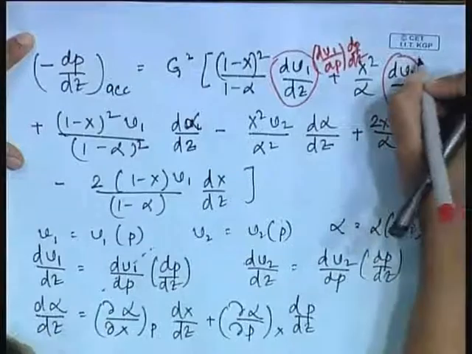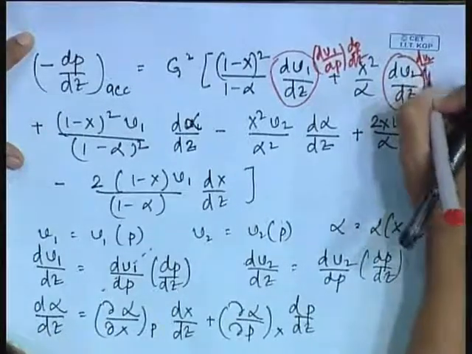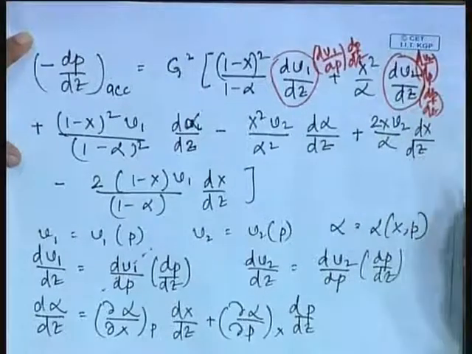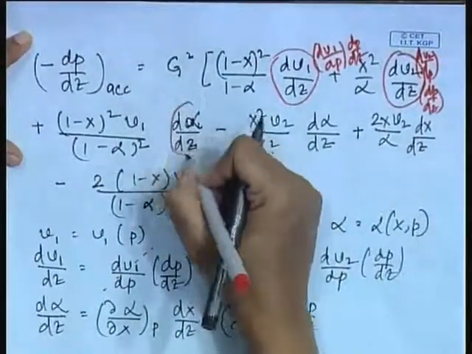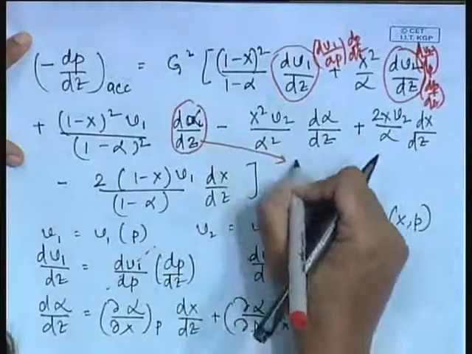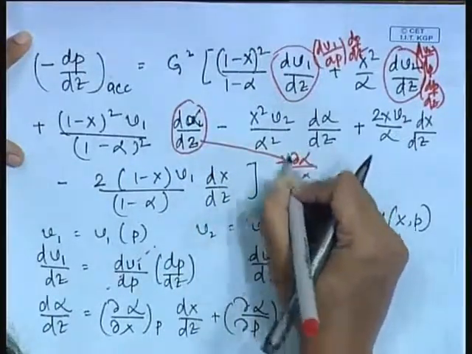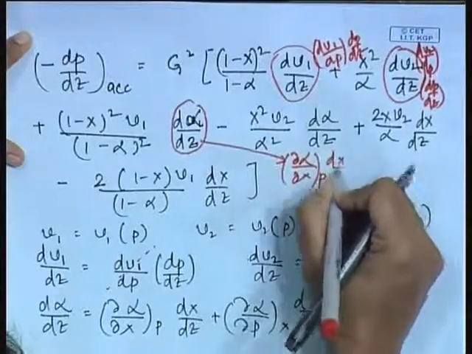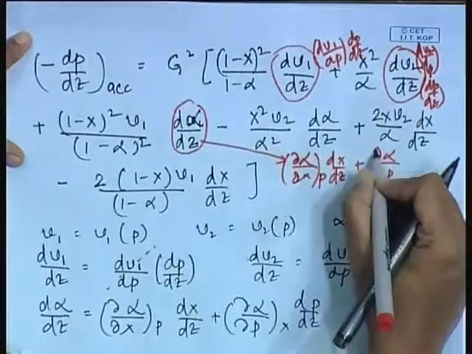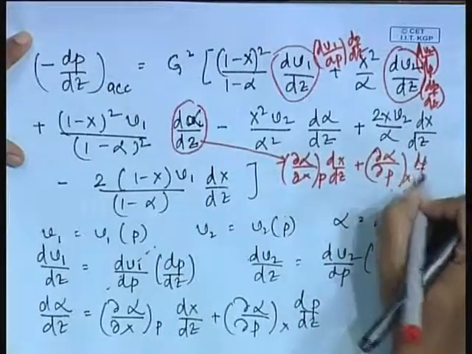Instead of this, we can write dv2 dp into dp dz. And instead of d alpha dz, I can write del alpha del x at constant p dx dz, and another dp dz related term.